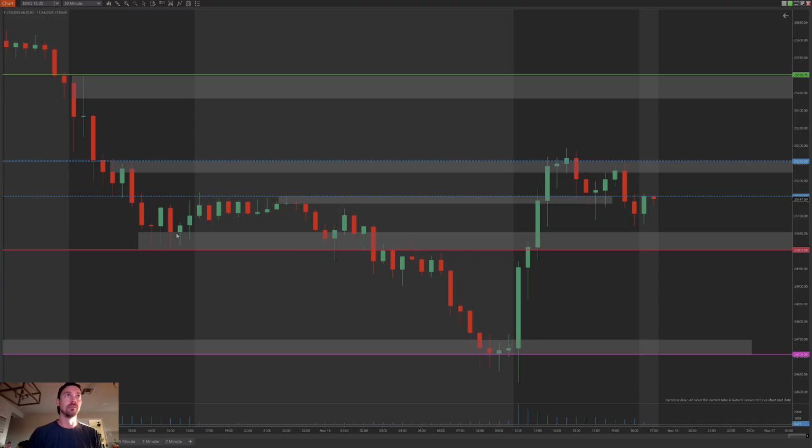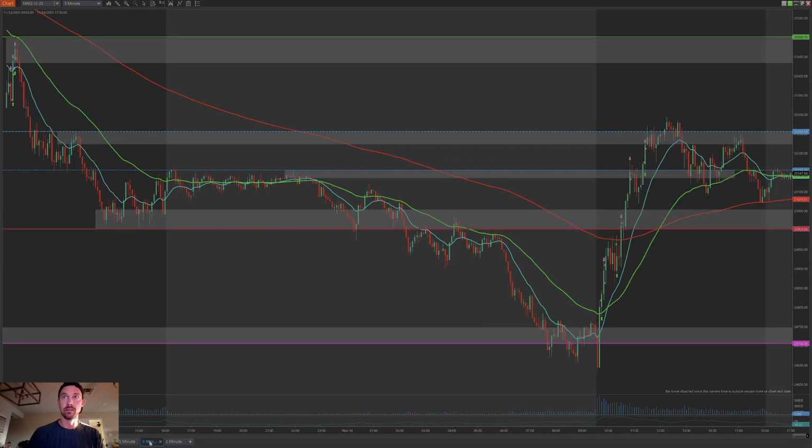So you got yesterday's low, the overnight high here, and then a resistance level here from yesterday, and then yesterday's high zone up here. Like I said, we opened up at last week's low right around this area here, and then I'll go back to the 5-minute.